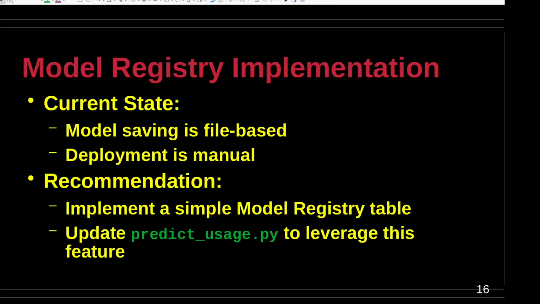Store file name, mean absolute error, and a status, which is production, candidate, or archived. The predict_usage.py script should query this table for the latest production model, enabling one-click deployment via a database update.